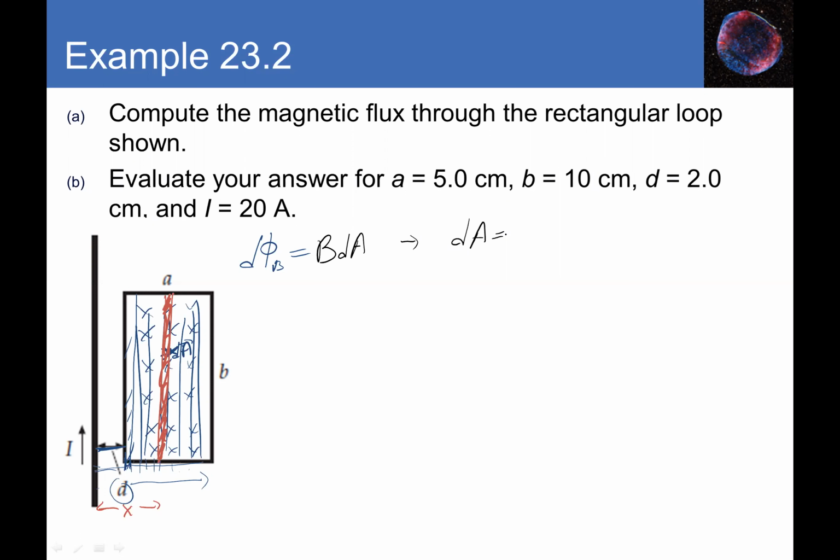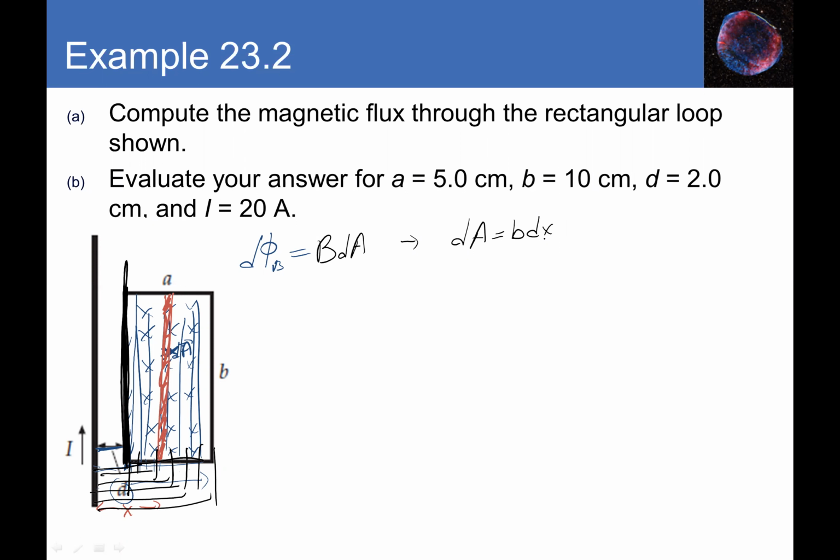My B here, this part doesn't change as you go along this B line; it always has the same distance. But as you go along the A, the distance with respect to the wire changes all the way until it equals A plus B. That means dA here is equal to B, which is constant, times dx. So dA becomes B dx.